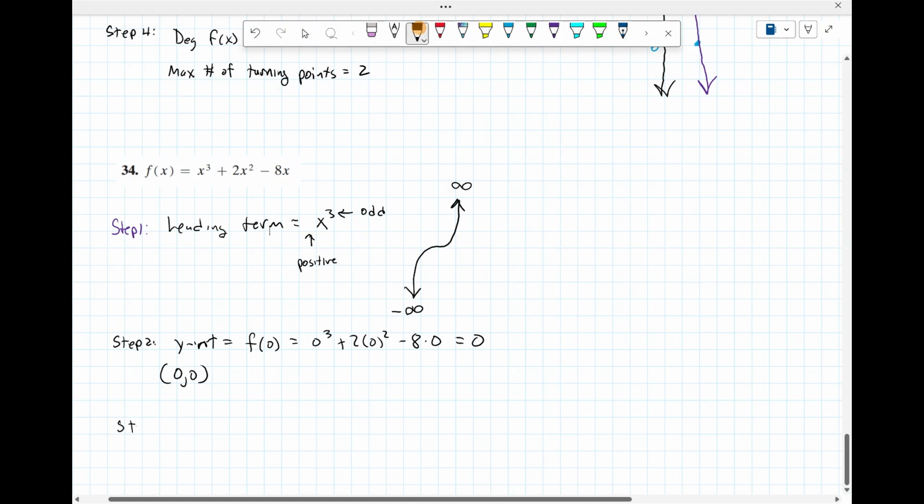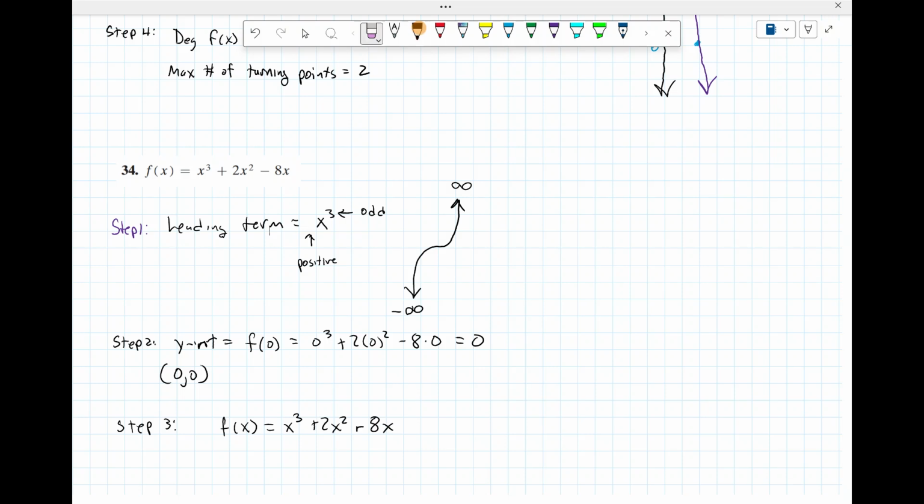Next, we're going to do step 3, which is we want to find all the x-intercepts, also known as the zeros. Again, this is not in factored form yet, so let's try to put it in factored form. First, let's write this down in standard form. And the first thing I notice is I can factor out an x.